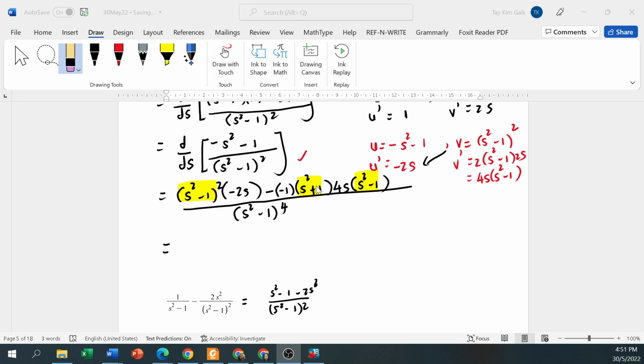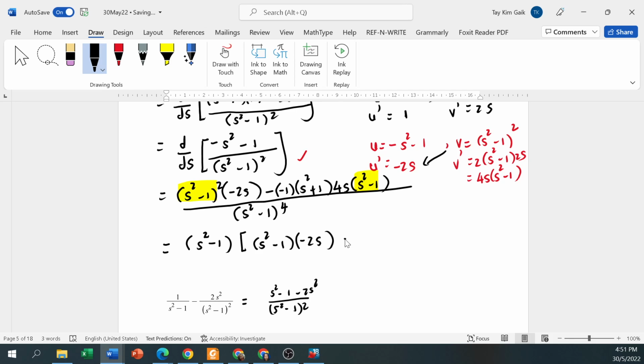So the mistake is here. That's why I factor out negative. So this one is s squared plus 1. So we have this is s squared minus 1, s squared minus 1 power 2. Then I can only factor s squared minus 1. So first term, I still have the s squared minus 1 multiplied by negative 2s. This is positive.